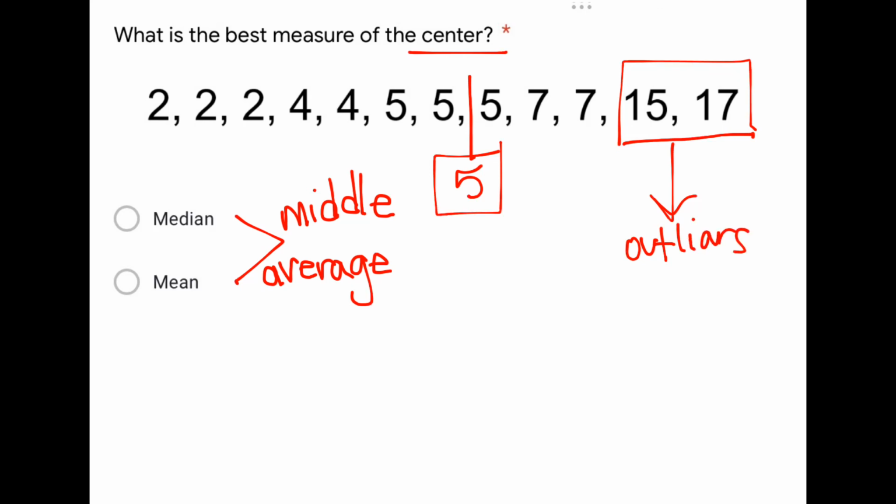They're outliers because, like 7 to 15, that's a huge jump. These ones all right here are all mostly close together. And then you go from a huge jump from a 15 to a 17, that means they're an outlier. So choose which one would be the best measure of center when you have outliers.